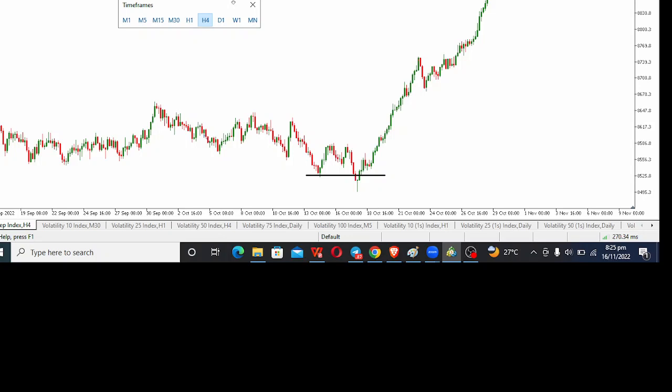The reason is that a line chart only shows closing prices, but candlesticks show the closing prices and then the highs and the lows.